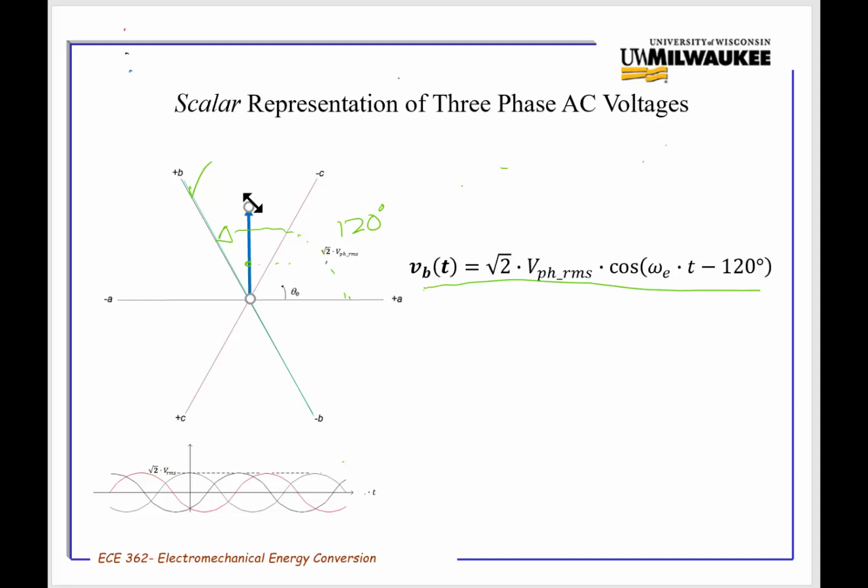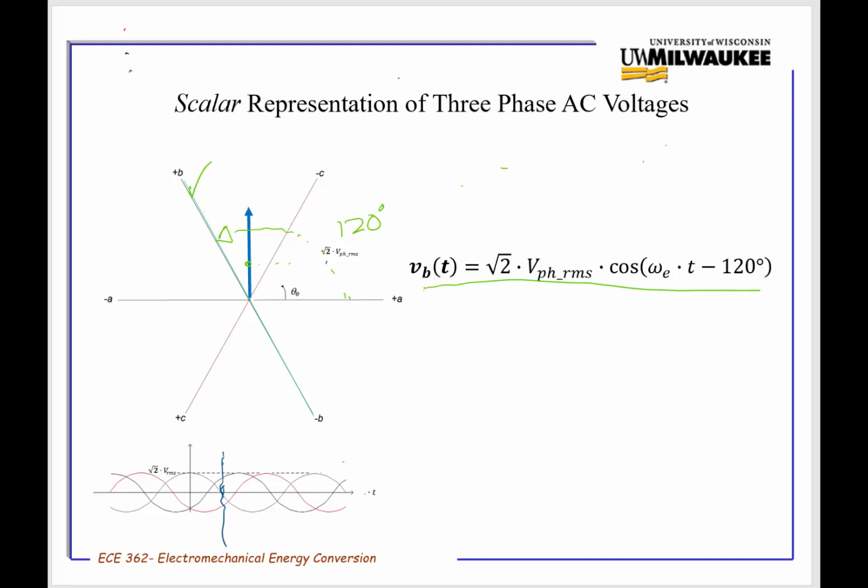Here I'm at theta e equals 90 degrees. Now where is that on this Cartesian reference frame here? That would be right here.